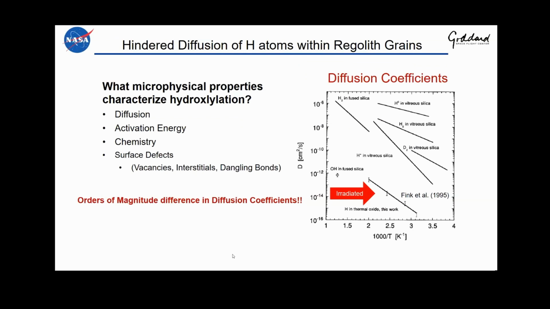So really, we're trying to understand how microphysical processes affect the global hydroxylation distribution and also what's released into the exosphere. Some important properties to understand are diffusion, activation energy, chemical formation rates, and also how effects like surface defects, vacancies, physical trapping mechanisms, or chemical trapping mechanisms like dangling bonds will affect the diffusion of the hydrogen out of the surface.